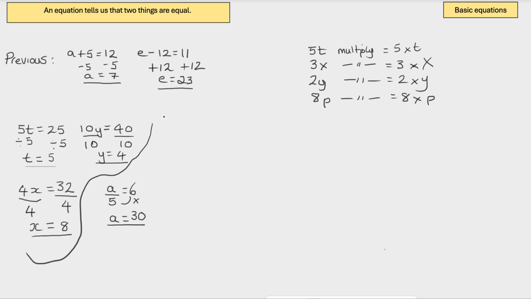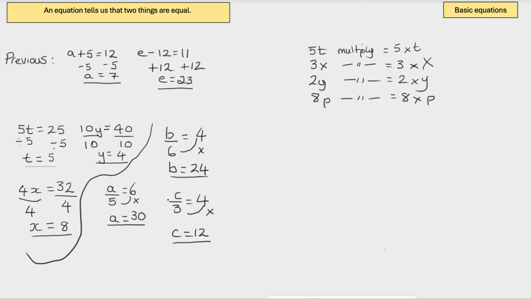Let's do another one. B divided by 6 equals 4. Well, it's a divide, so we need to times. 6 times 4 is 24. So our unknown B equals 24. C over 3 equals 4. Same again. It's a divide, so we're going to times. And our unknown C equals 12.